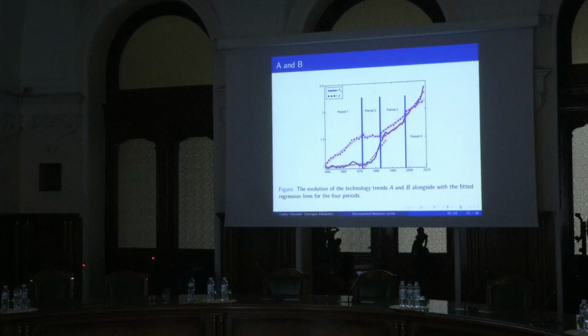But once these oil shocks hit, then that became an issue. So energy efficiency started to grow faster. That seems to be an endogenous response to these shocks. And this top black dotted line is then a measure of A, how A evolves over time.